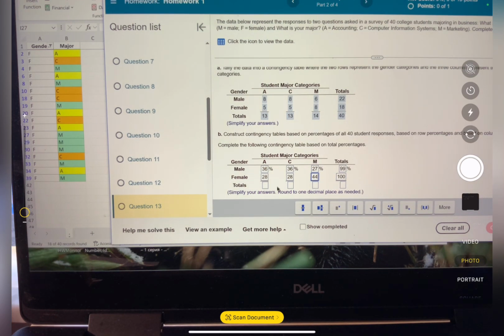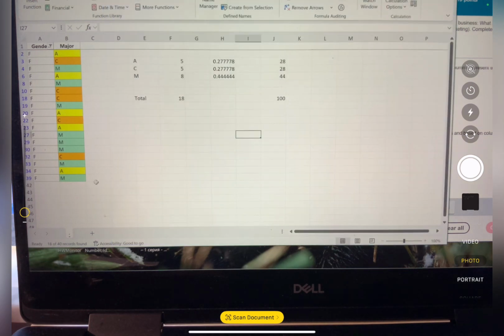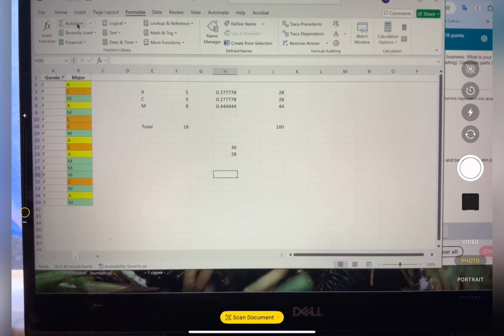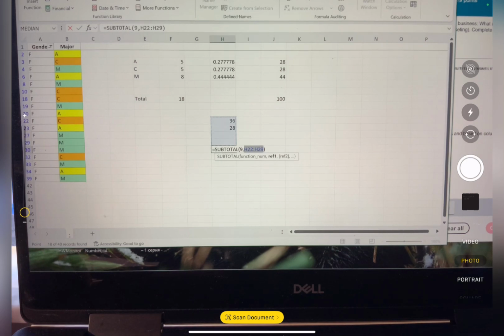Okay, so adding them up, 36 and 28, I can put here 36, 28, and the total sum is going to be formula auto sum, enter. I like to use Excel rather than calculator, because calculator sometimes keeps in memory the numbers and comes out a mess.